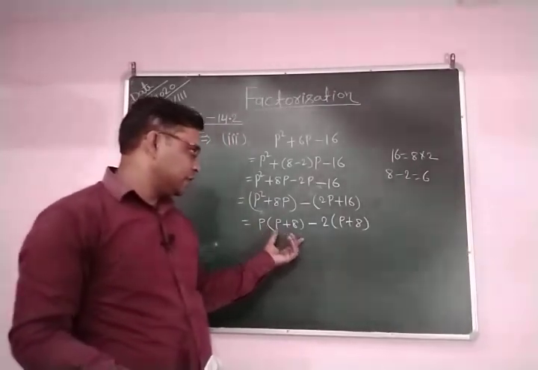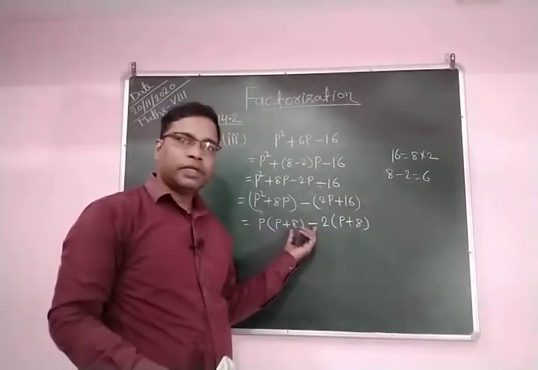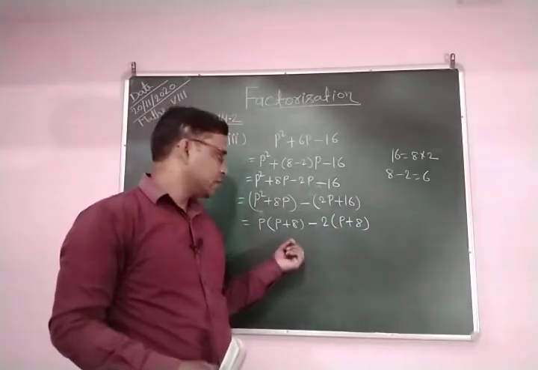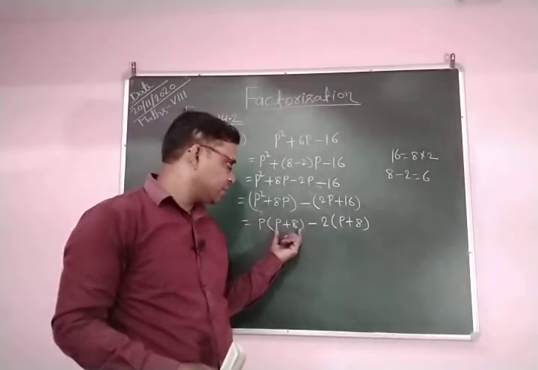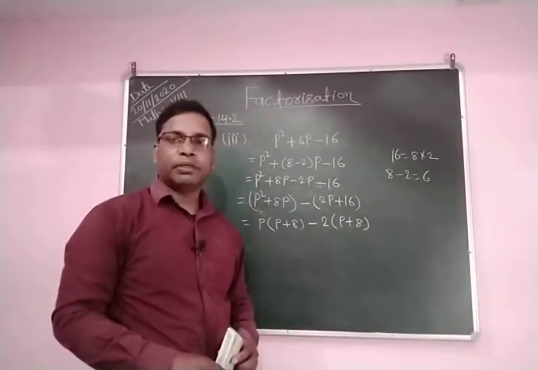Now this is the first term, this is the second term. Okay. So you observe what is common between them. The common between them is p plus 8, in the first group p plus 8, in the second group also p plus 8. So you can take common p plus 8.